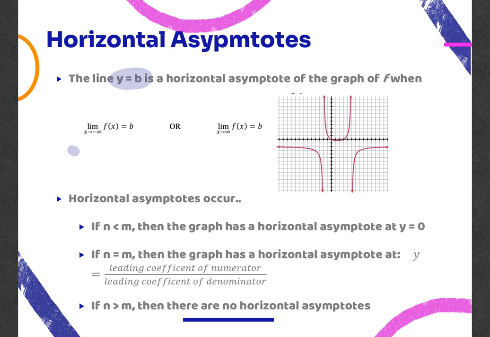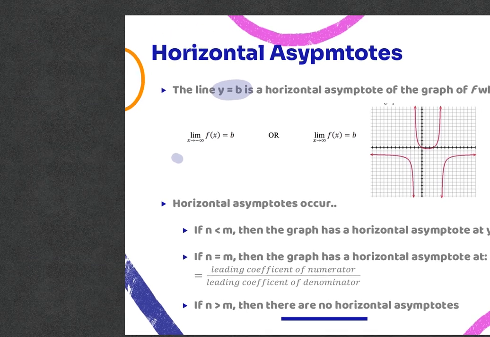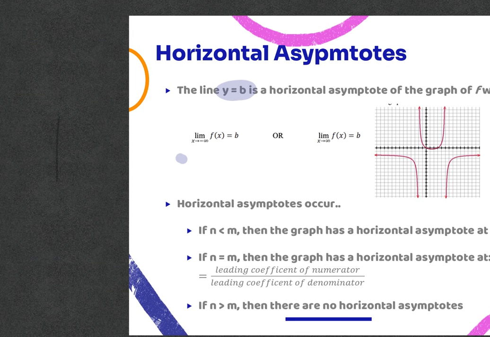A vertical asymptote is undefined there. You cannot cross through a vertical asymptote. A horizontal asymptote does not mean it's undefined, so it actually can cross through it. So if you look back at your graph of the last question we just had, it looked like this, even though it had a horizontal asymptote.